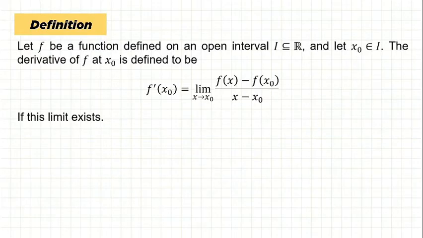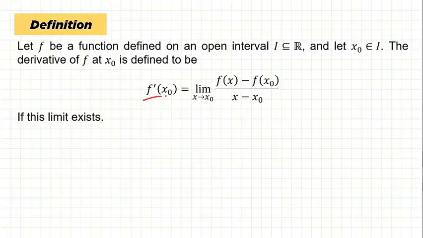So let f be a function defined on an open interval I, a subset of the set of real numbers, and let x sub o be an element of the interval I. The derivative of f at x sub o is defined to be this one.